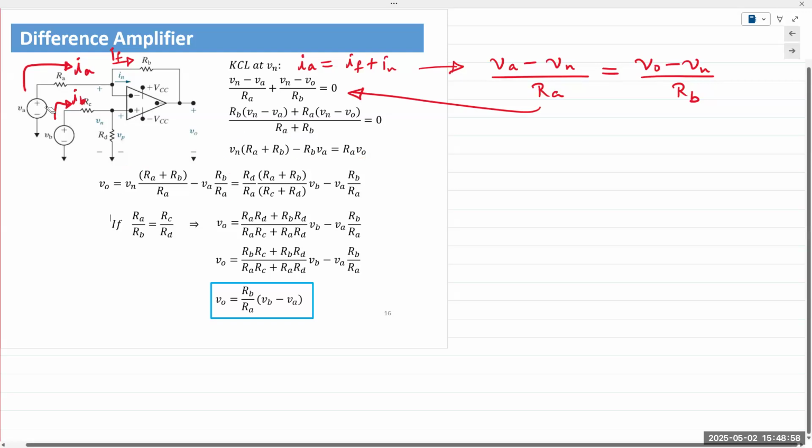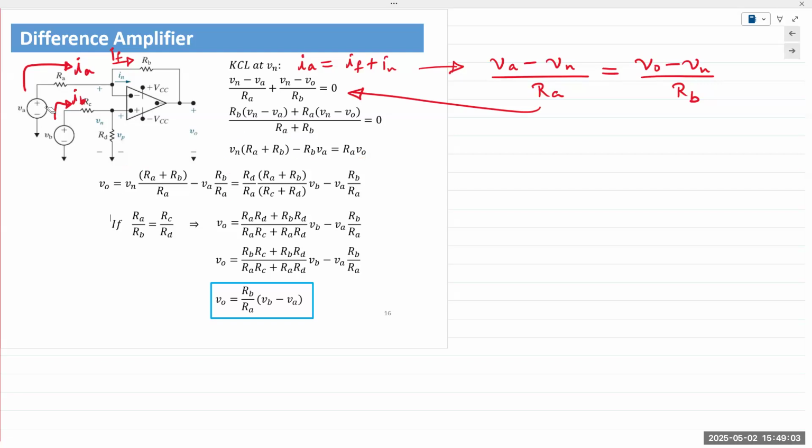Then here comes the most important assumption. We have a resistor connected to the non-inverting terminal. And let's call this ID. This would be IP. It's a biasing resistor. It allows a pathway for the current to flow through ground.